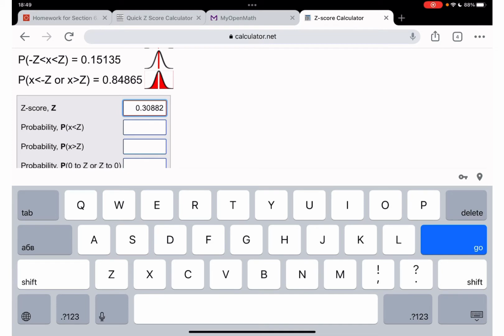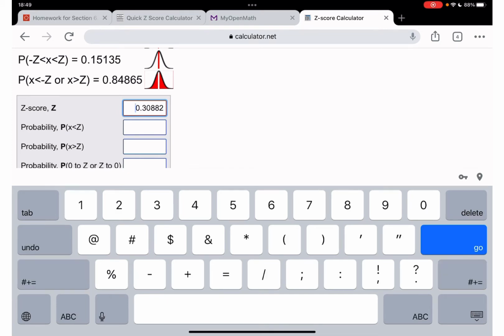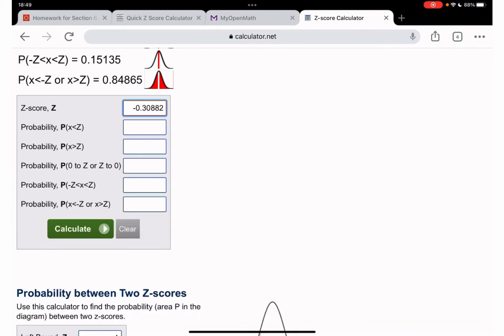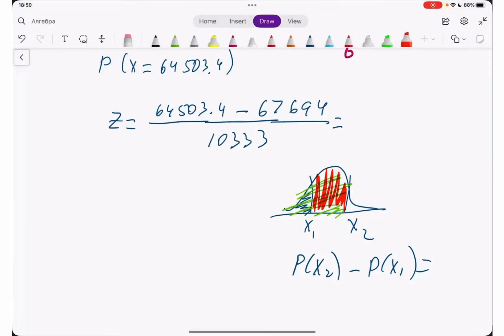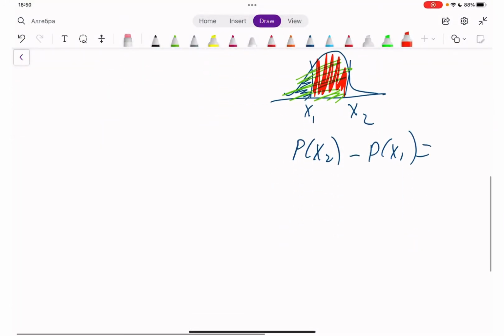And it's supposed to be negative. Okay, and the probability here is going to be, so I need to take less than, right? So x1 to the left, 0.37873. Let me copy here. Well, it doesn't copy.